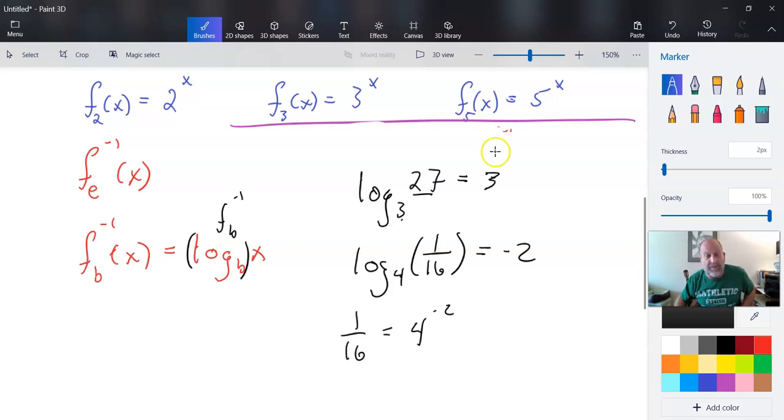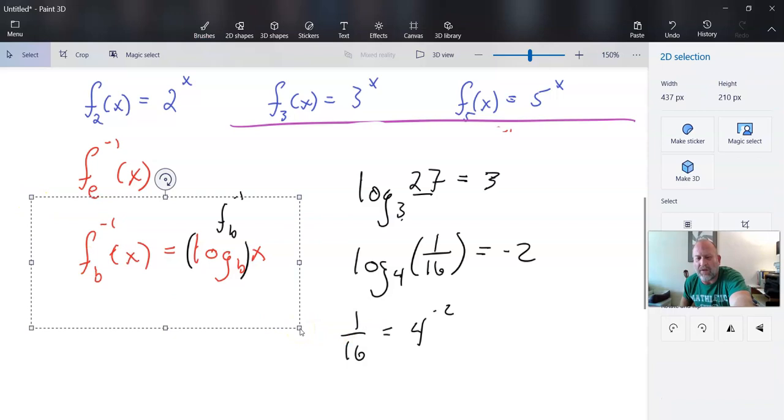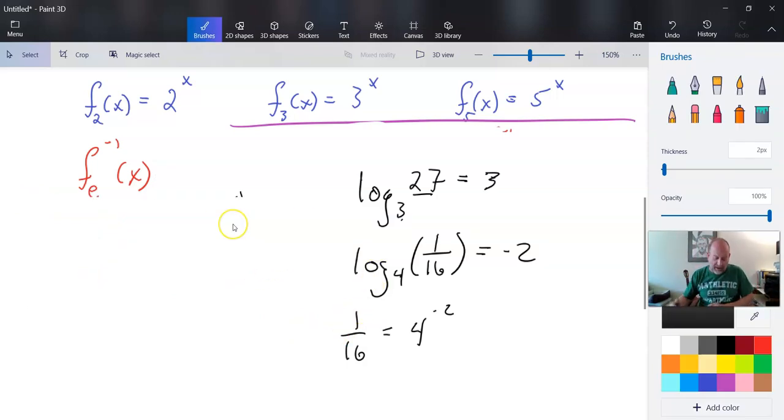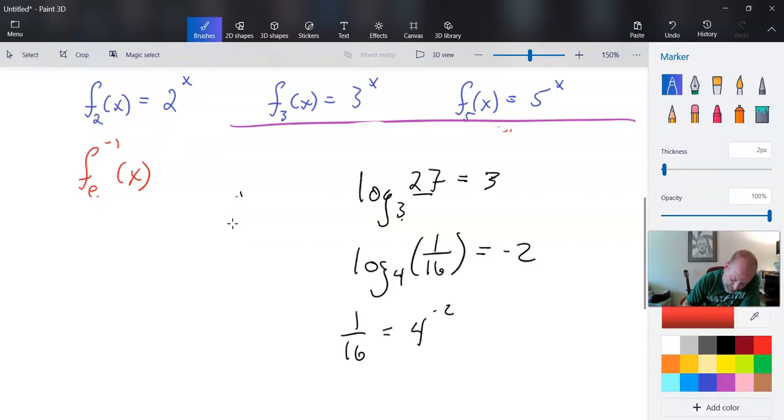Now, this base e is a little different just because it shows up often enough. This particular log has its own name. It's called the natural log. You don't write the e as a base, it's understood. The L comes first.